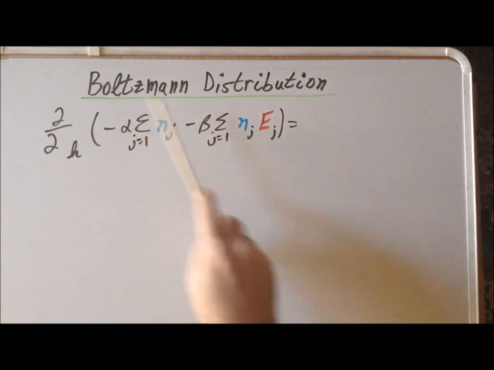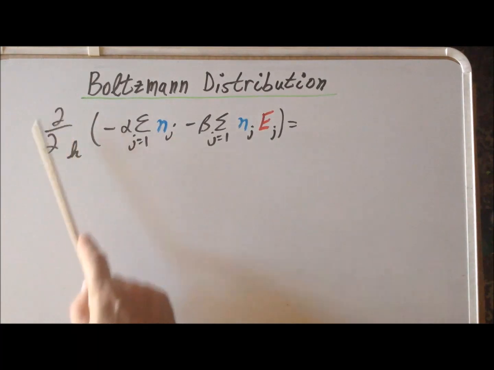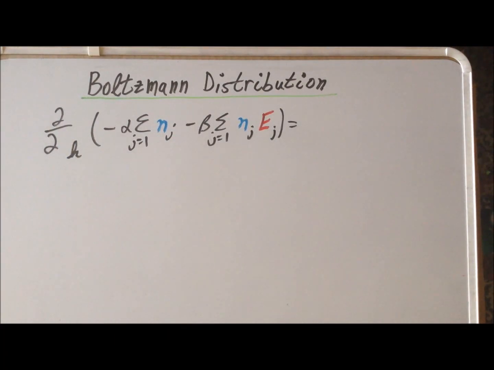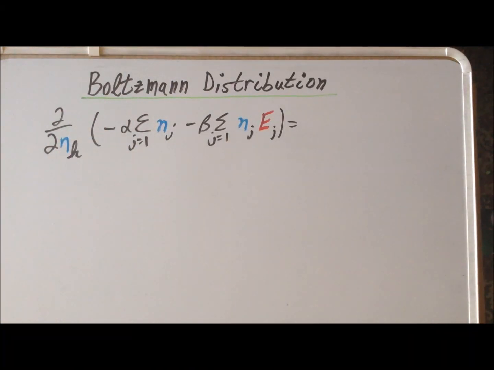So here are the second and third terms from our complicated expression in those derivatives that we had set equal to 0. Let's see what the derivatives with respect to n sub k are in each case. Again, because of the way the derivatives work, any time j is not equal to k, the derivative is going to be equal to 0.